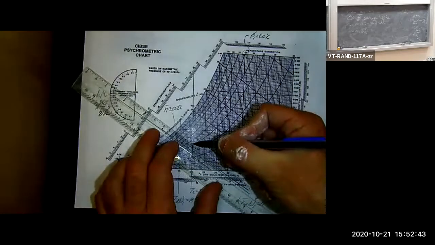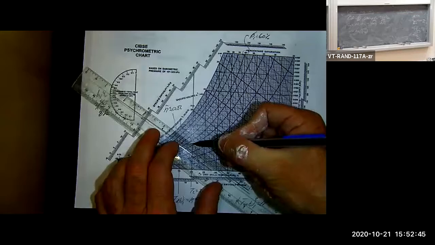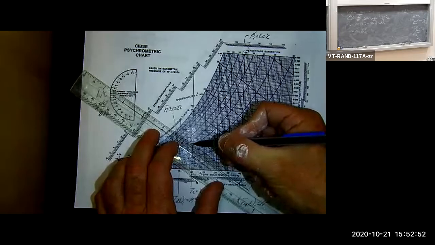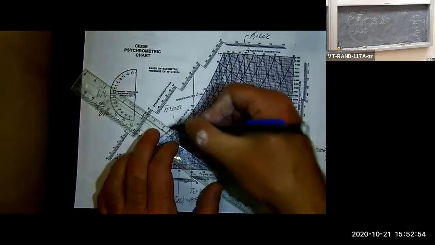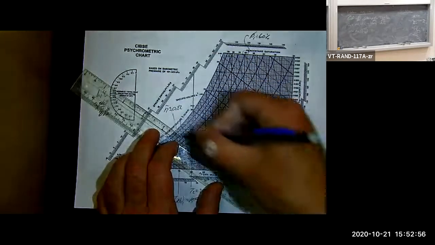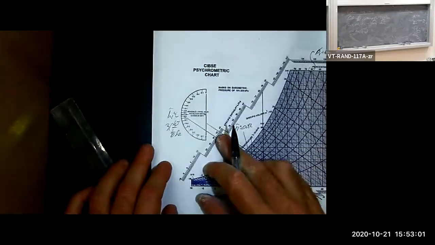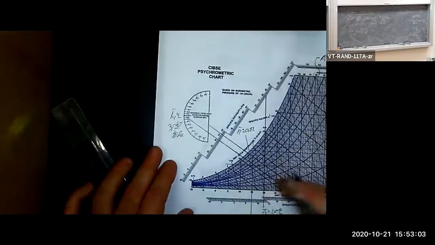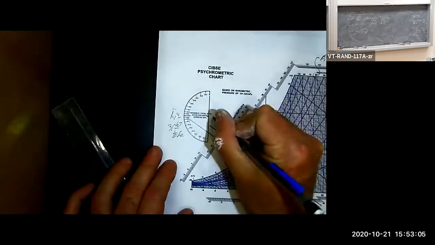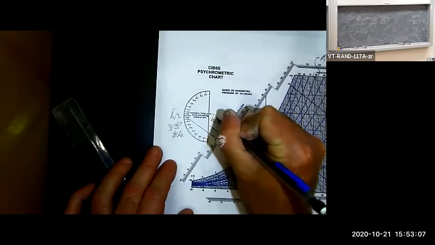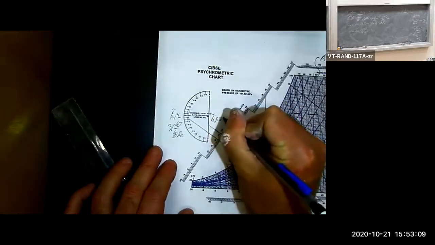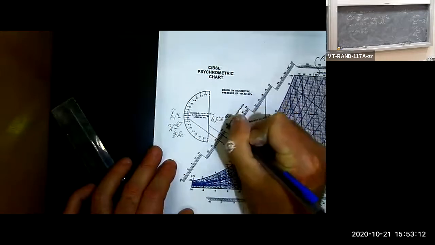So now I'm going to try and get an H2 tilde. Looks like something a little bit over 35, maybe 36, could be 37. I'm going to write here H tilde 2 approximately equal to 36 kilojoules per kilogram dry air.